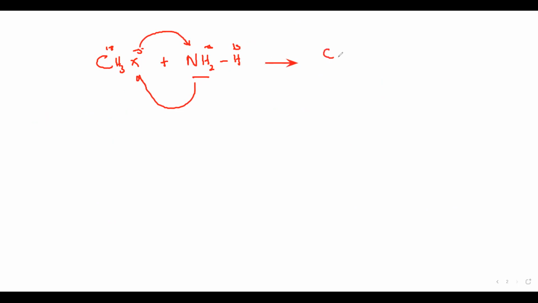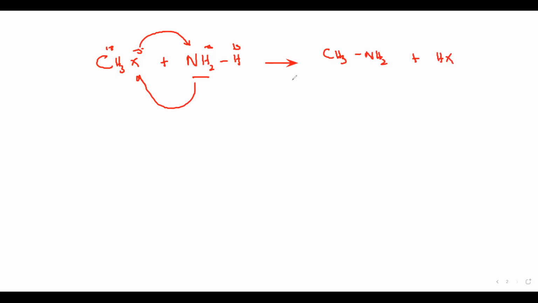If I write the equation generally, CH3 and halogen reacted with ammonia, which contains NH2 and H. This is partial negative, partial positive, partial negative, partial positive. So this NH2 will take the position of the halogen. As a result, it will produce CH3NH2 plus HX.